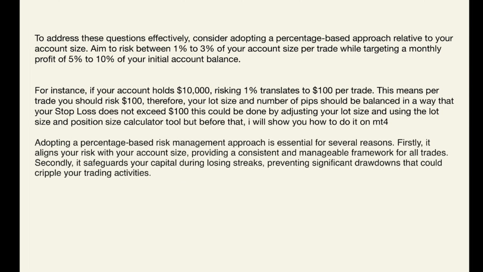For instance, if your account is 10,000 US dollars and you risk 1%, that 1% will translate into 100 US dollars per trade.